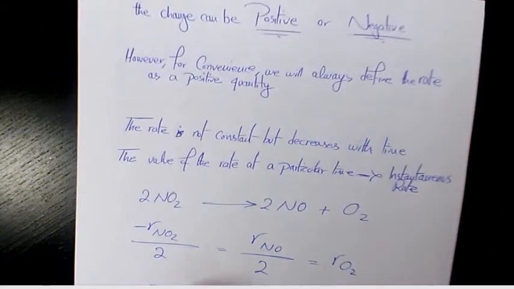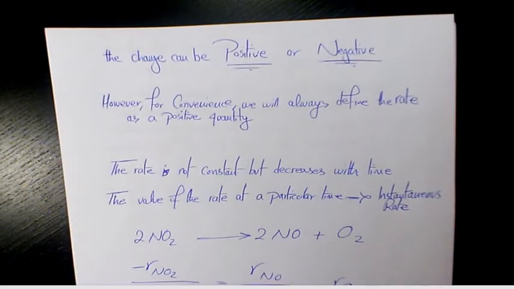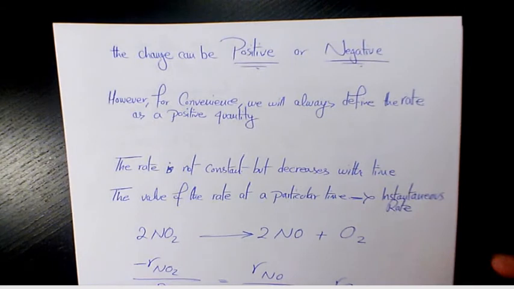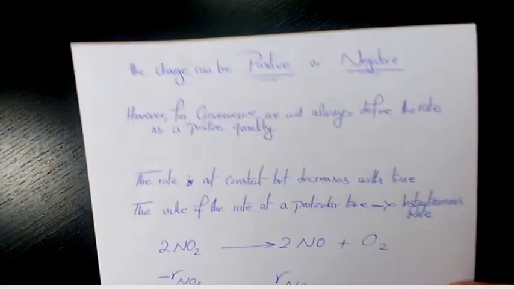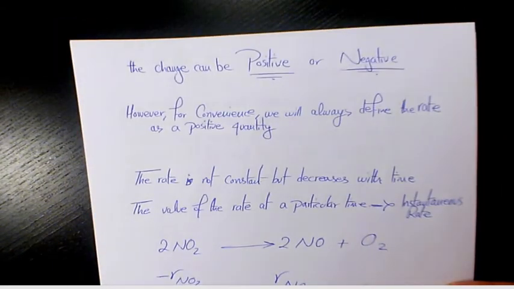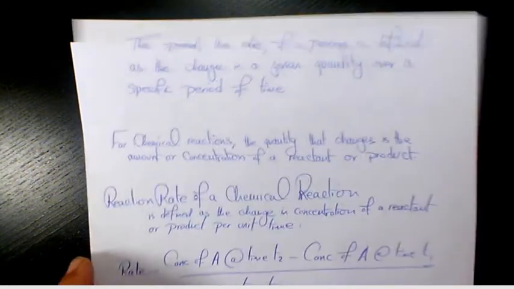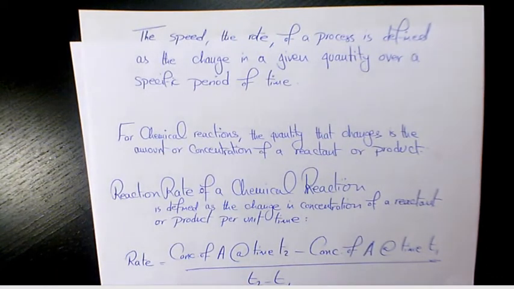So the change in concentration sometimes is positive and sometimes it is negative. Why do we say that? Because as we saw previously, sometimes the concentration is decreasing, sometimes the concentration is increasing. If you are dealing with a reactant, the concentration is decreasing over time, and if you are dealing with a product, the concentration is going up.